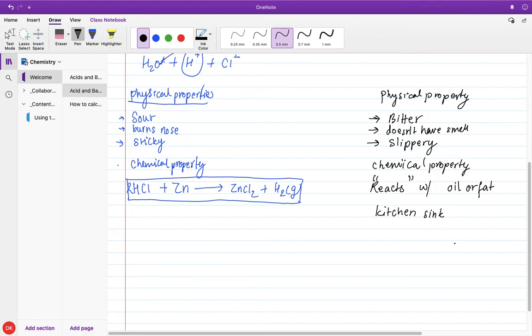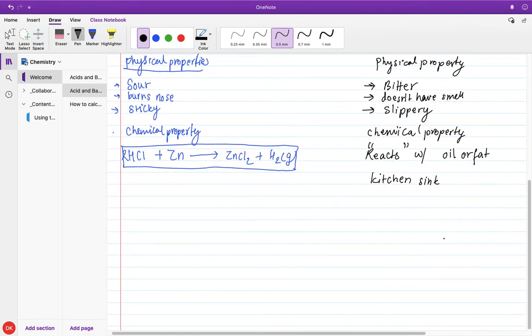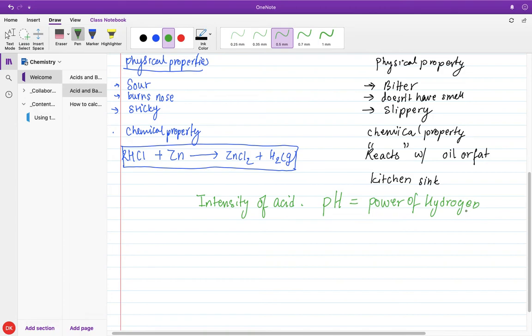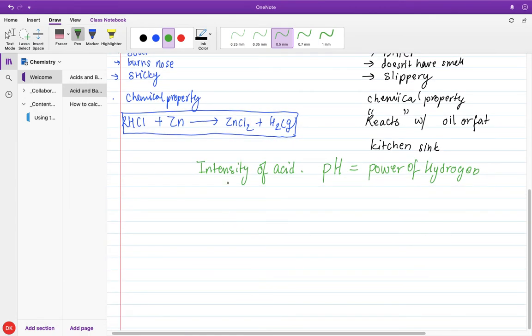Moving on, you guys do need to know about pH. That's how we measure the intensity of acids and bases. The intensity of acid is measured by pH, which is also called power of hydrogen. We have a lovely chart called the pH scale.